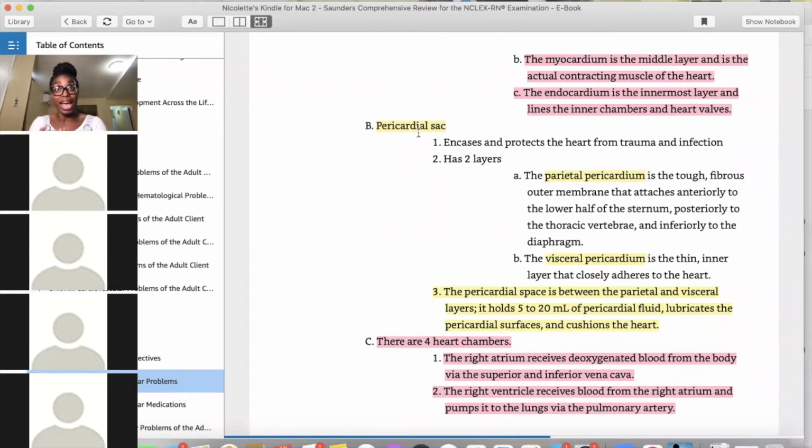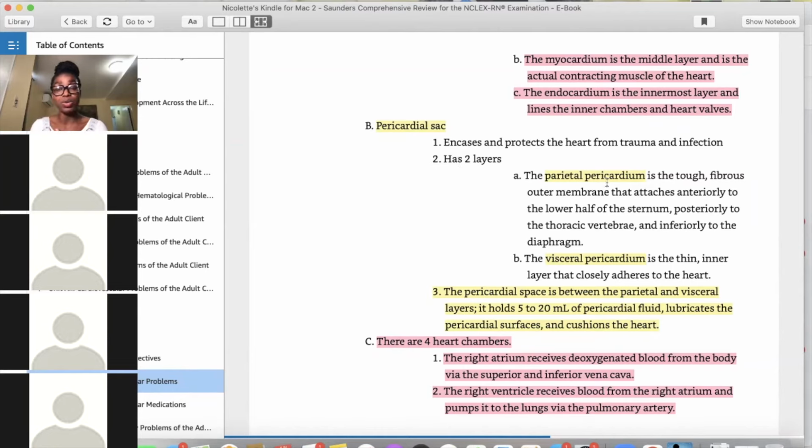So the heart has its own, and it's called a pericardial sac. So the heart sits into this little bag or this little sac where it does its function independently of all the other organs that are surrounded, so that it doesn't affect the other organs that surround it, even though they're so close together, right? So we have two layers of this pericardial sac.